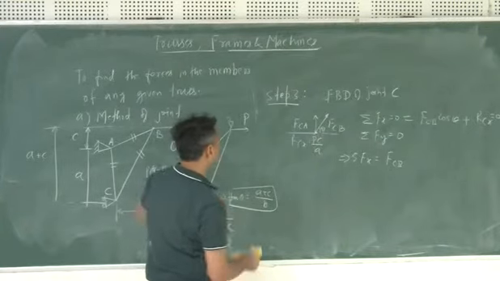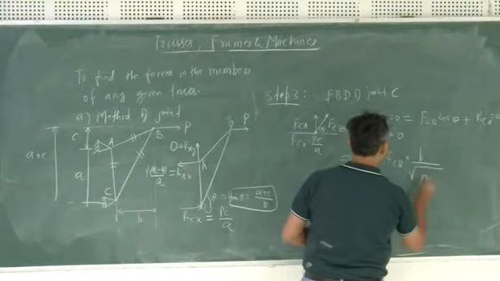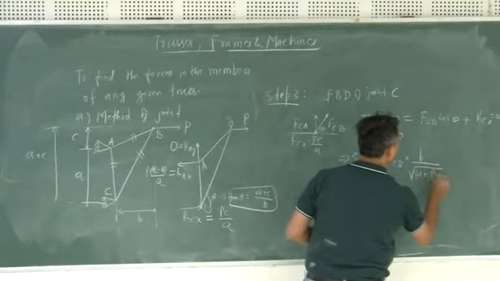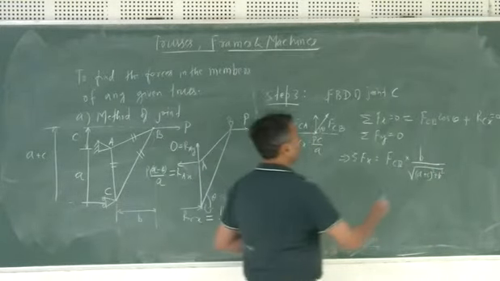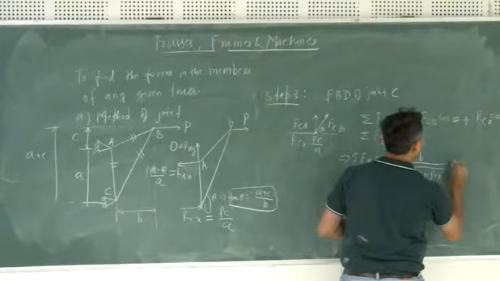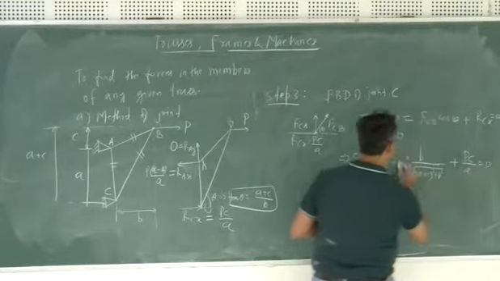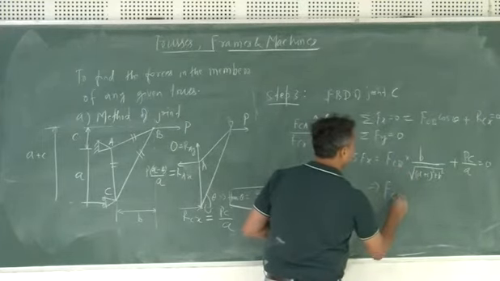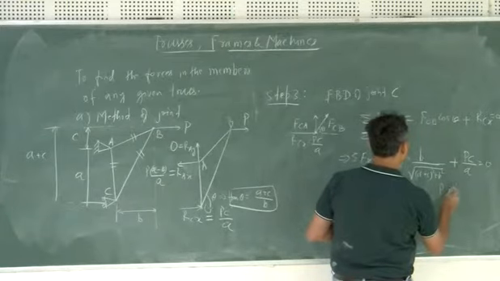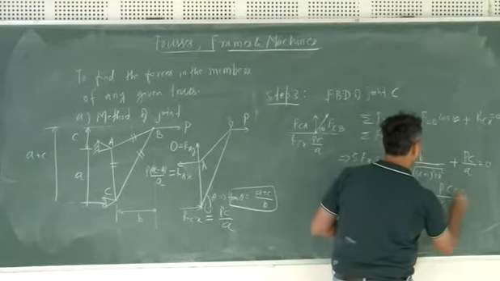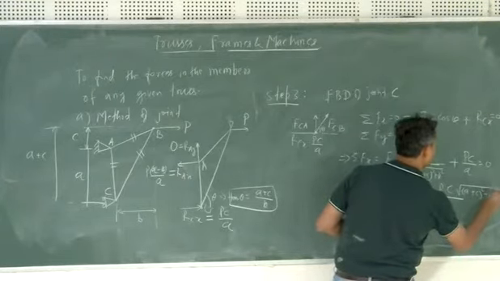It means that this will be B divided by the square root of A plus C whole square plus B square, cos theta, and plus RCX. What is RCX? It is nothing but P by A is equal to 0. Means that your FCB is given by this, divided by A.